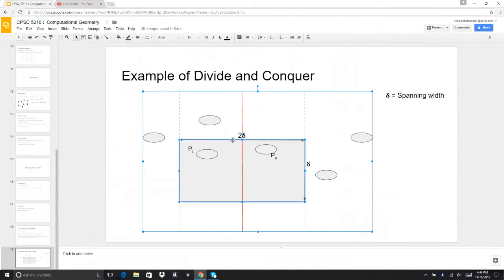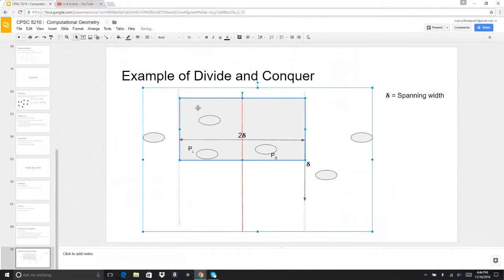So if we were to take this rectangle and extend it up to the next section, you could see that it's still 2 delta wide and 1 delta up. So you would note that on the left side, this is at least 1 delta high and less than 1 delta wide away.